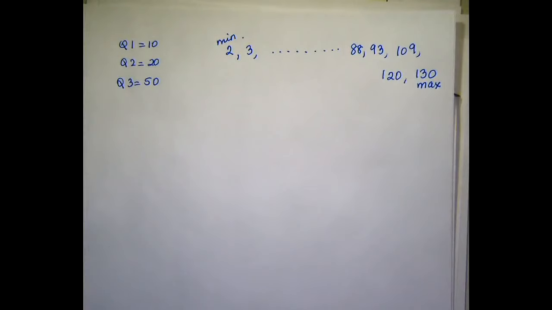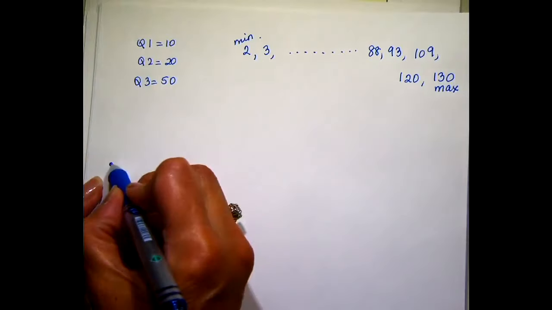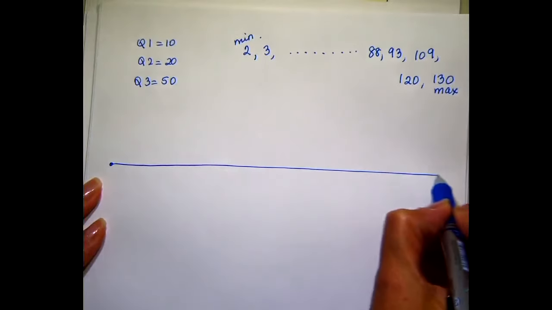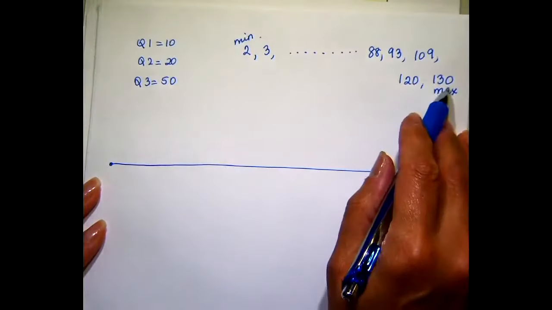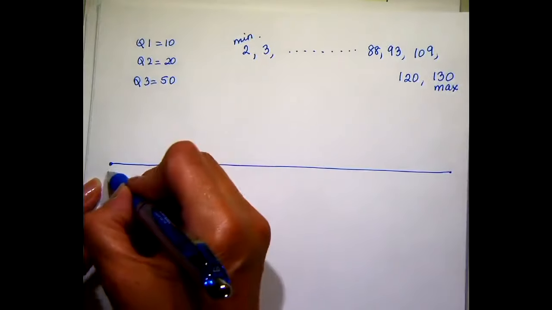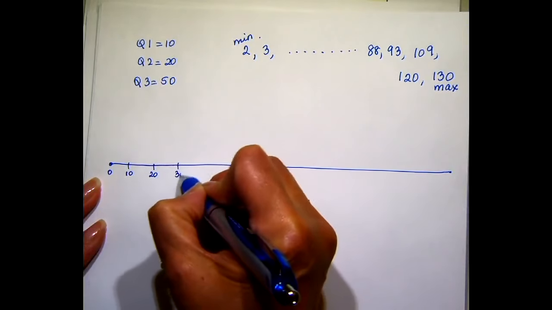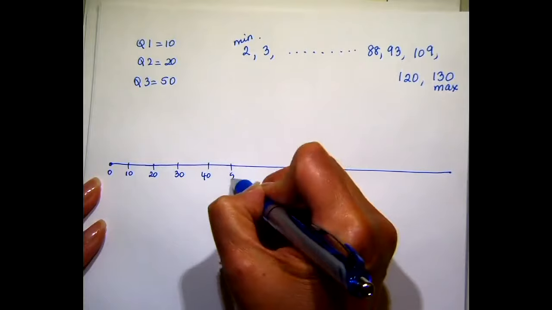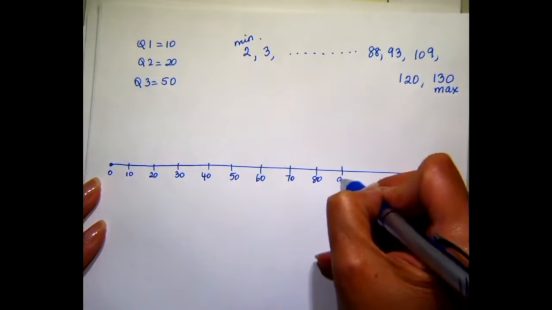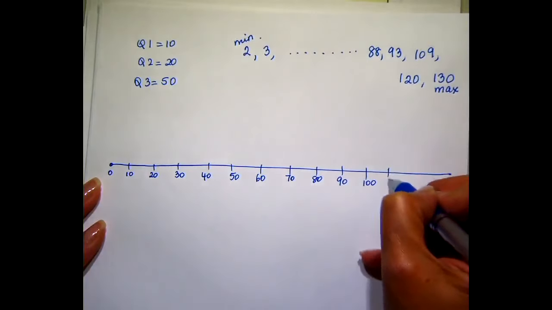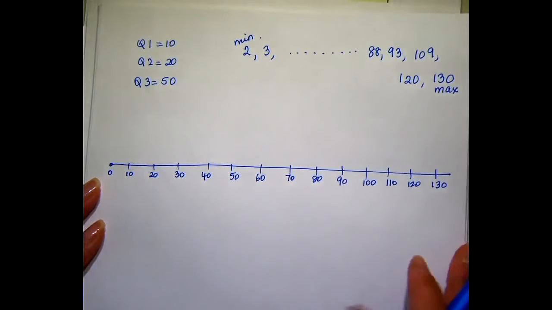So you go to your number line. I have to accommodate between 0 and 130, right? So 0, 10, 20, 30, 40, 50, 60, 70, 80, 90, 100, 110, 120, 130.